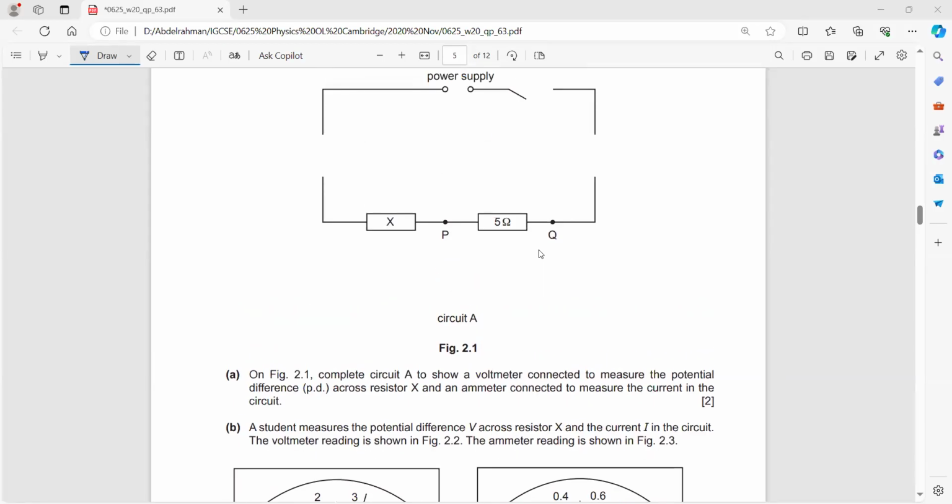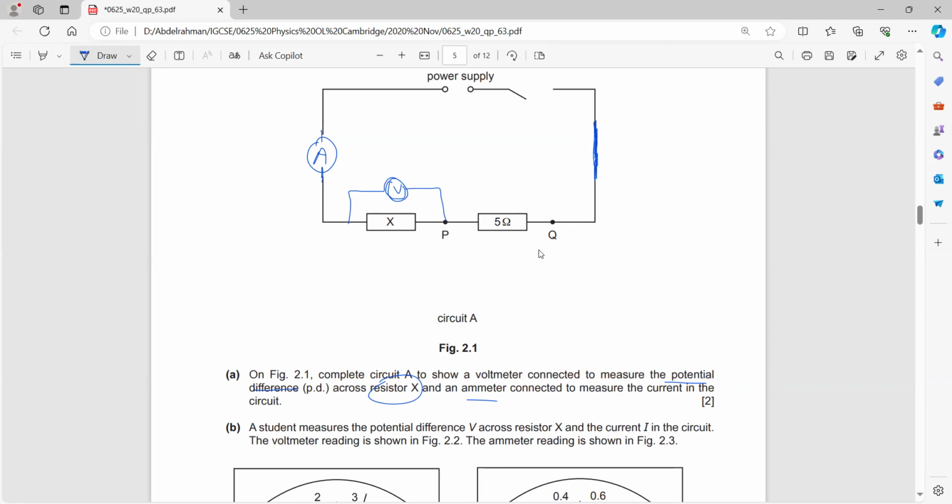Can I complete the circuit? Yes, I need an ammeter. I need a voltmeter to measure the potential difference across resistor X only. Okay, I'll fill it in.